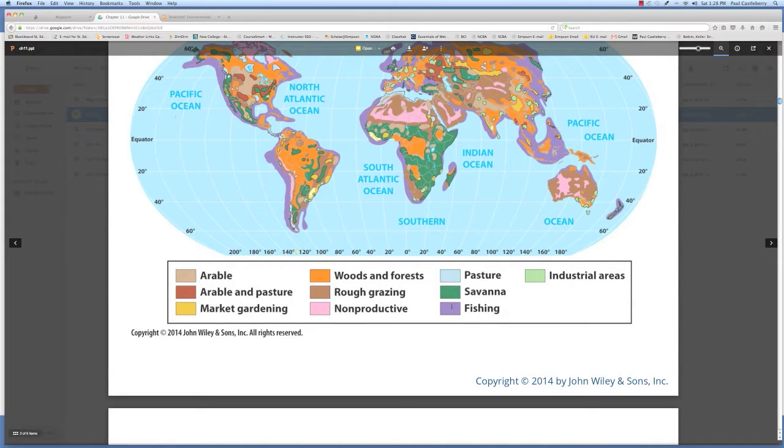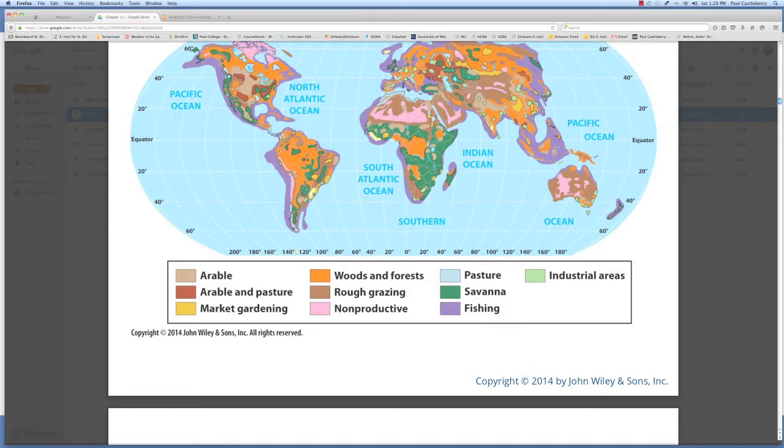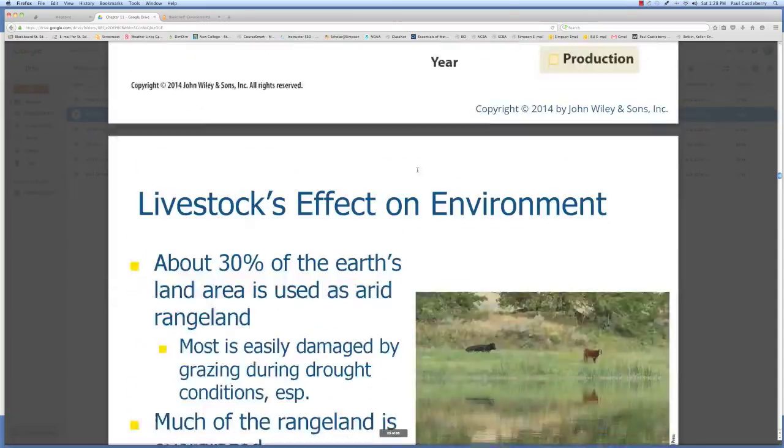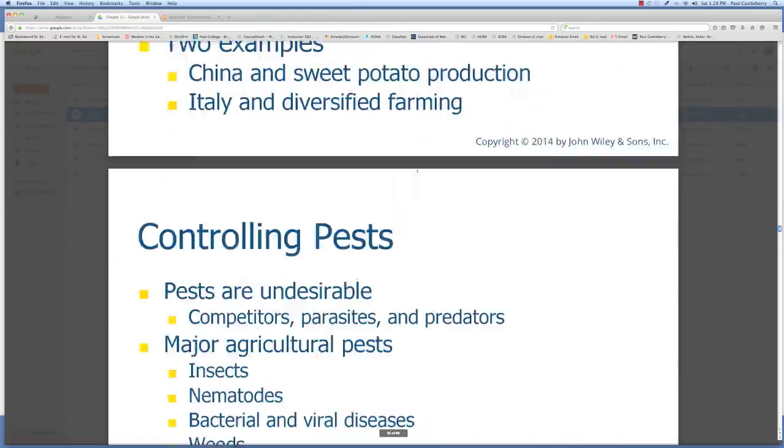So you see here in purple the fishing, along the western coast of Africa and down into South Africa, there's actually a fishing industry that could be used, aquaculture. But again, moving it from the coast into the interior regions of Africa is an issue as well. So there's a cost issue, and a lot of poor Africans cannot afford this. So while that's a possibility, in all likelihood, it's just not very feasible.